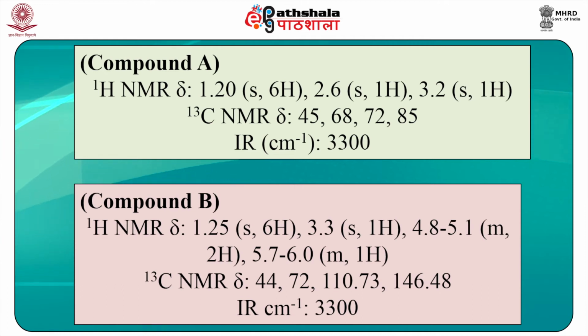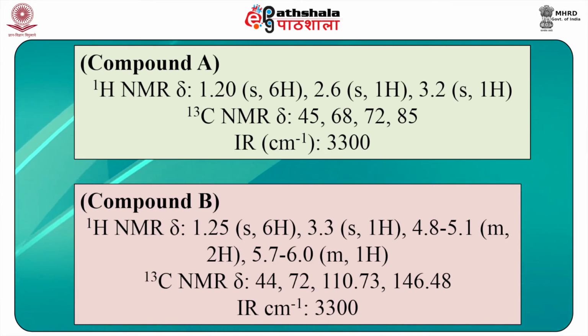Compound B shows the spectroscopic data as follows: a singlet for 6 protons at 1.25 ppm, a 1 proton singlet at 3.3 ppm, a 2 proton multiplet at 4.8 to 5.1 delta, and a 1 proton multiplet at 5.7 to 6.0 delta.